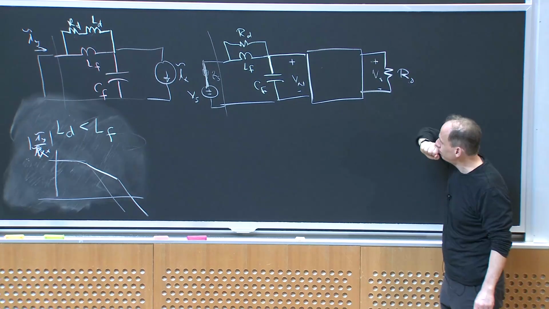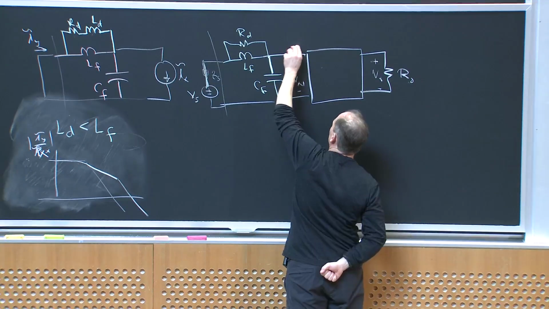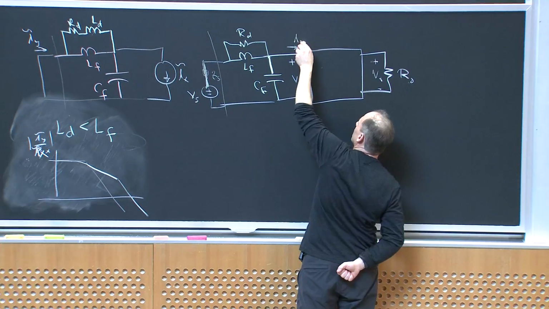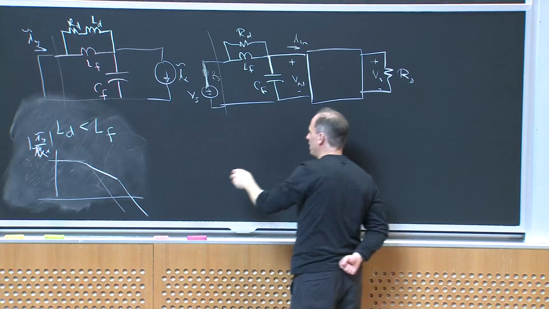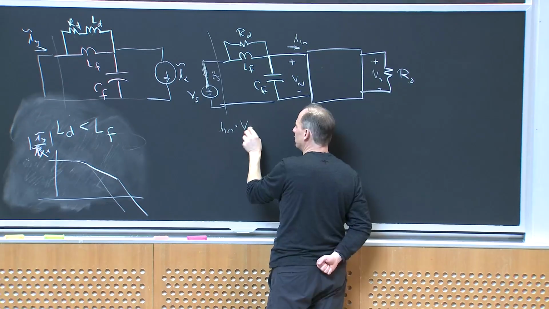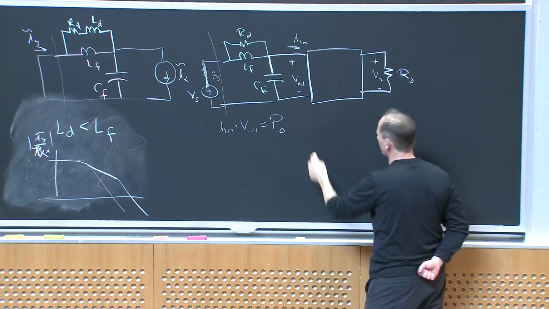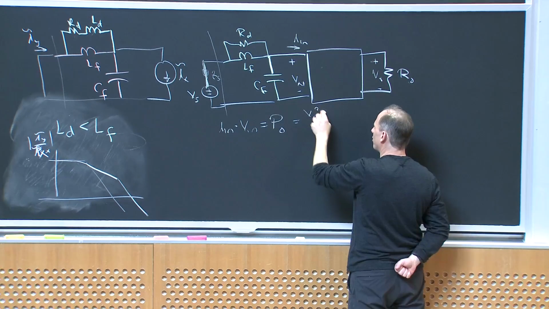Okay? So if I thought of this current as being some IN, what I get is IN times VN is equal to whatever my output power is going to be, which is V out squared over R out.